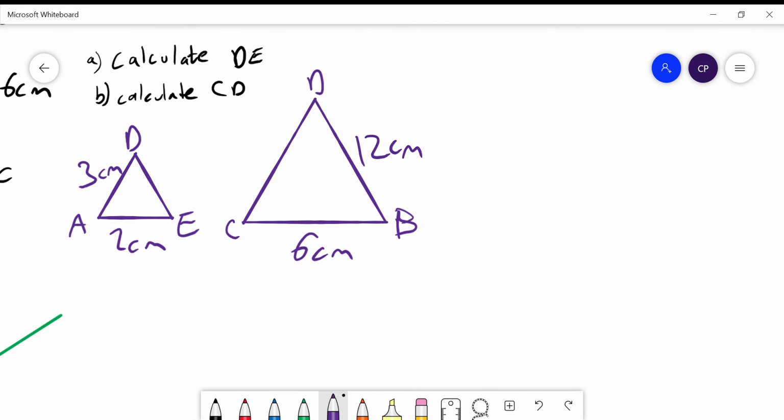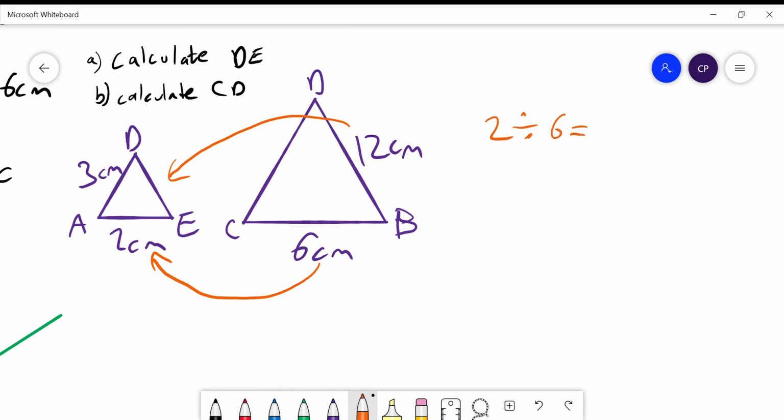So we want to calculate DE, and we do it in the exact same way that we've done it before. So if I want to go from DB to DE, then what I need to think about is how do I get from something we already know. So I'm going to go from my 6 centimetres to my 2 centimetres. So that's going to look like this. So I want to get to 2 centimetres, which means I need to divide by 6. Because that's where I've come from.